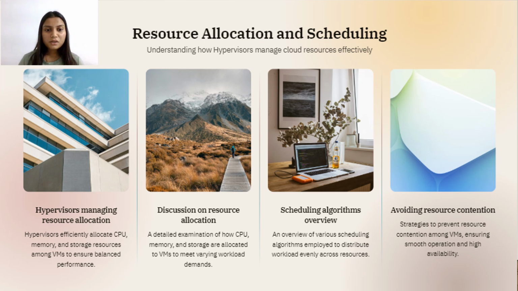If we discuss resource allocation, it is a detailed examination of how CPU, memory, and storage are allocated to VMs to meet varying workload demands. There is a scheduling algorithm overview, an overview of various scheduling algorithms employed to distribute workload evenly across resources. And there is one more, which is avoiding resource contention.